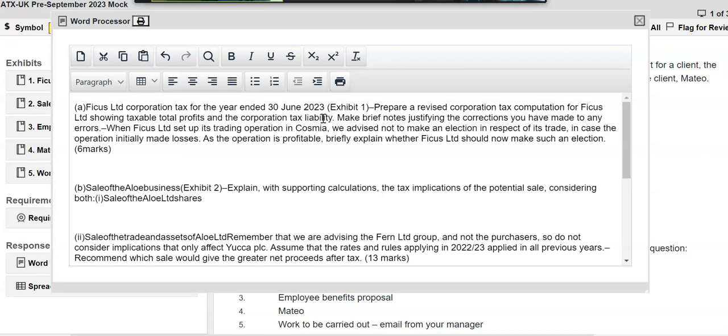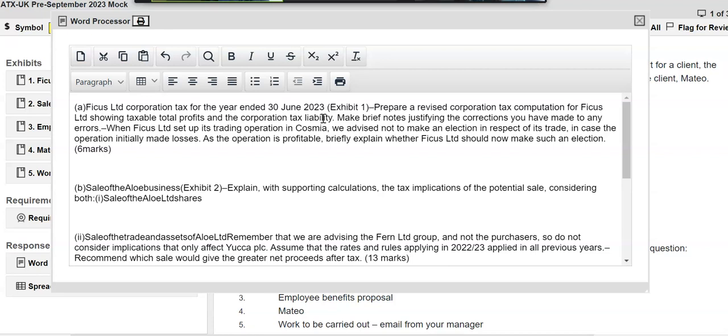So we are not required just to calculate the corporation tax liability, but we also have to prepare some brief notes, right? And justifying the corrections you have made to any errors. When Fiscus Limited set up its trading operation in Cosmia, we were advised not to make an election in respect of its trade. So we are not required to make any election in case of operations initially made losses.